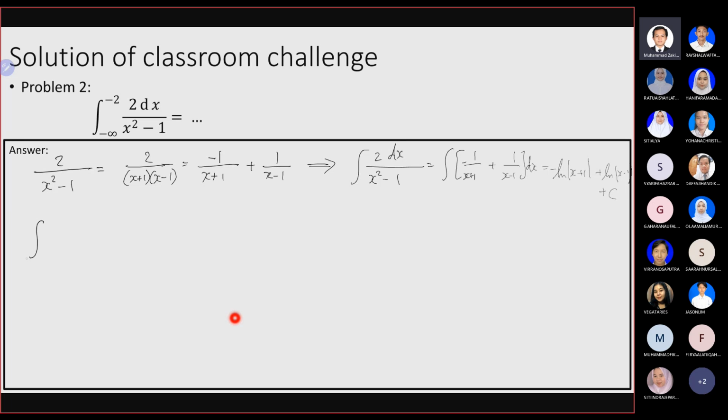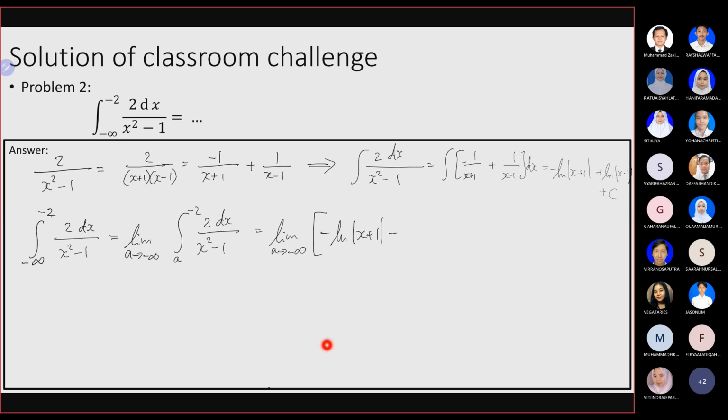So the integral from minus infinity to minus 2 of 2 dx over x squared minus 1 is equal to the limit of a goes to minus infinity of the integral from a to minus 2 of 2 dx over x squared minus 1, which is the limit a goes to negative infinity of minus ln of x plus 1 plus ln of x minus 1, and we evaluate from a to minus 2.